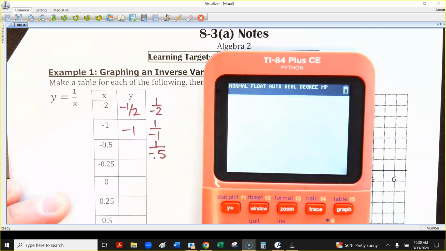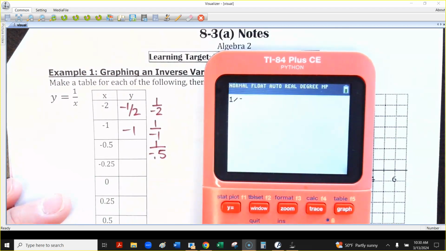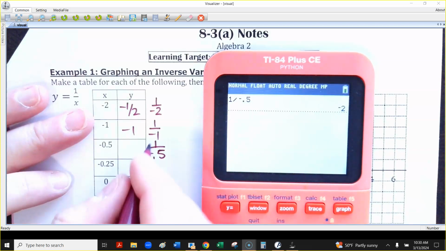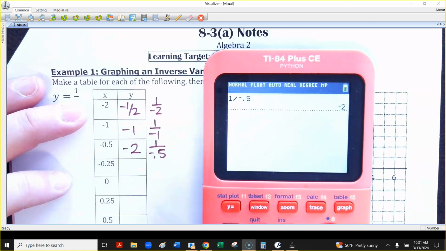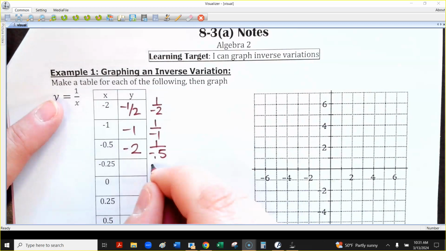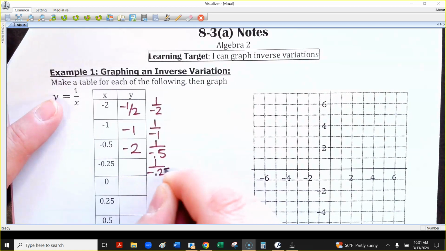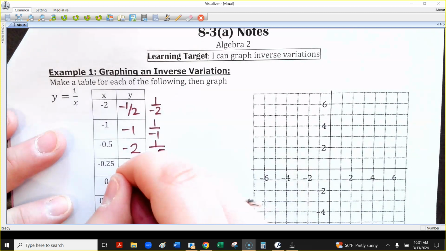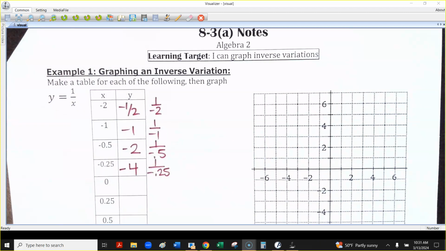So if I divide that by -0.5, it actually becomes -2. If I'm dividing by a half, it's the same as multiplying by its reciprocal, which is why that number is going to be bigger. So if I divide by -0.25, it'd be like dividing $1 into quarters, and it's got a negative with it, so it's going to be -4.